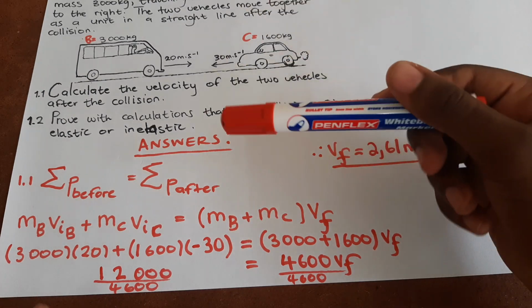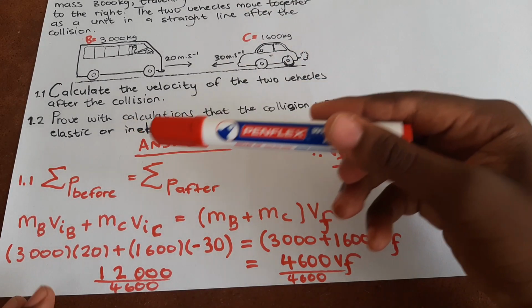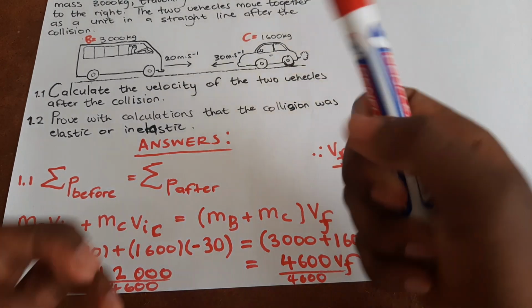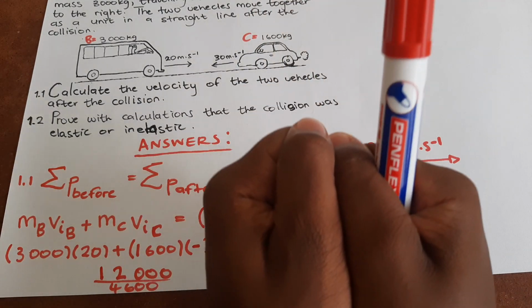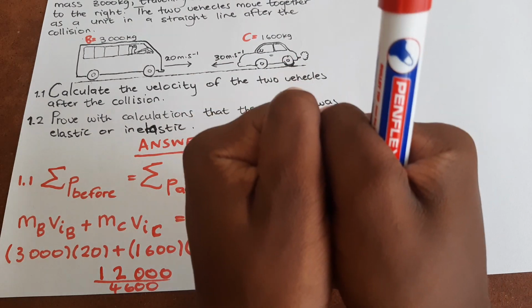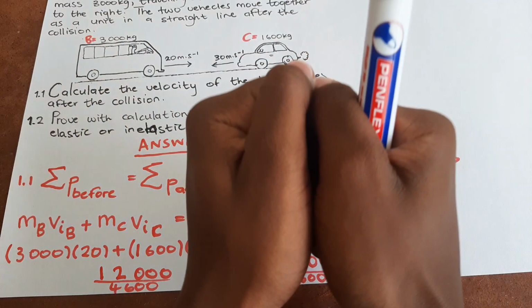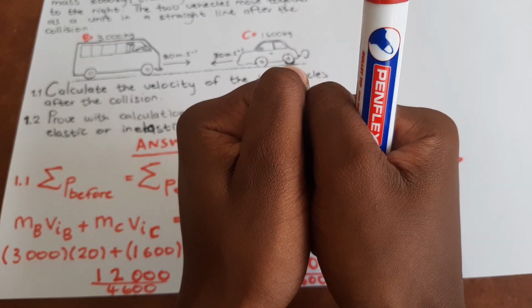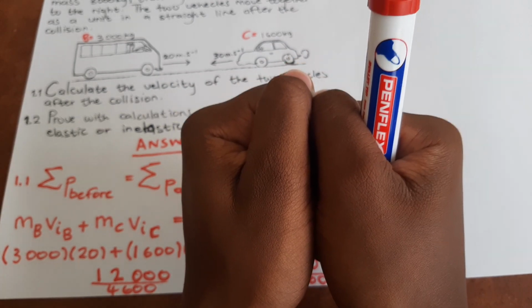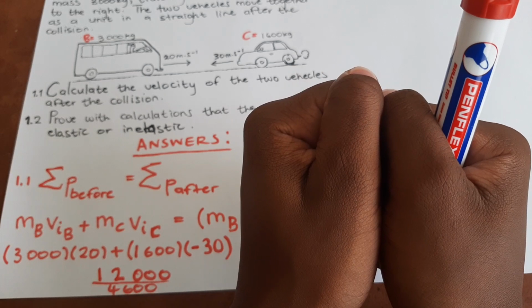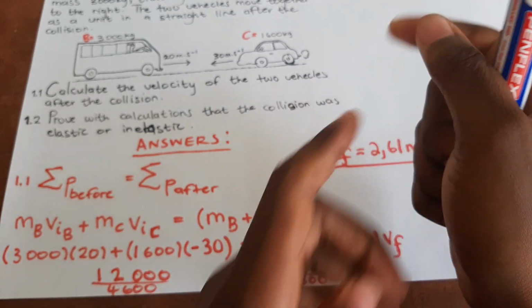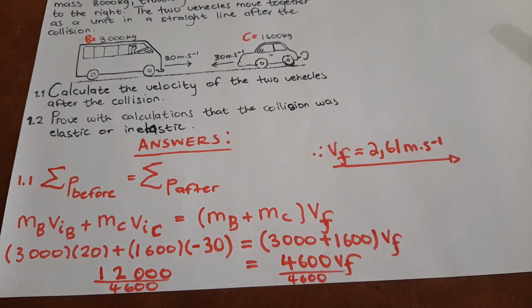Left negative, right positive. After the collision they combined together and moved together, meaning they were one object, so we have to add their masses. When they are moving as a unit, they move at the same velocity, because they were combined. Very easy and straightforward.